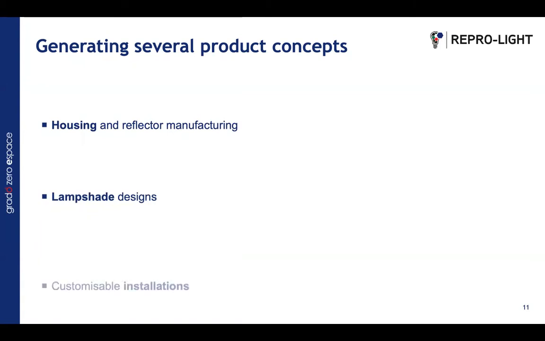Several personalization geometries for lamp shading components were generated on the basis of these two products, mainly divided in three groups: housing and reflector manufacturing, lampshade designs, customizable installations.